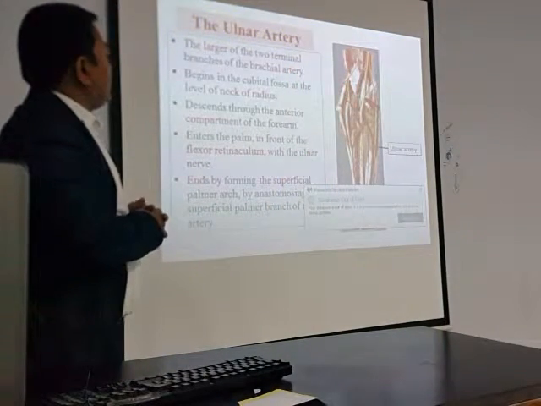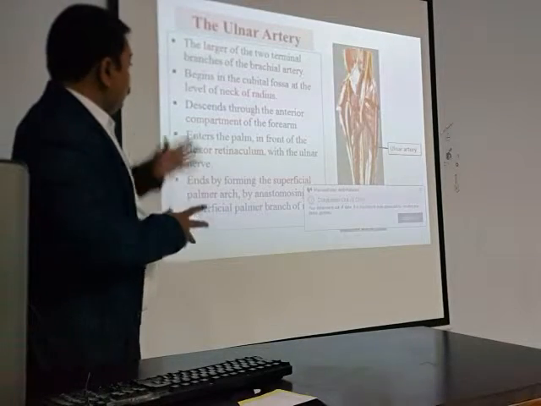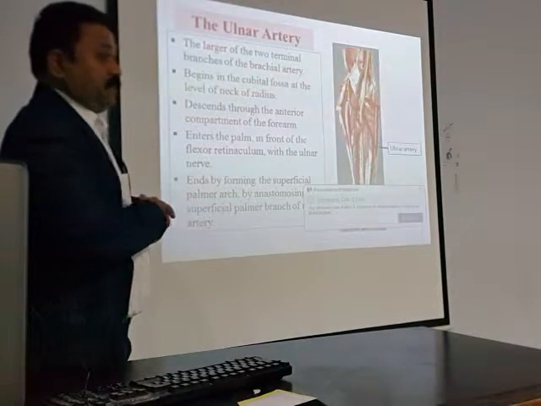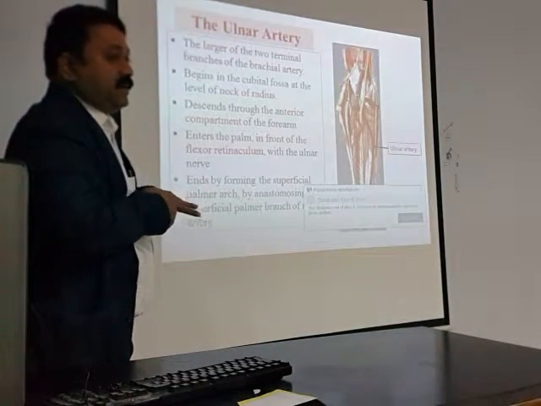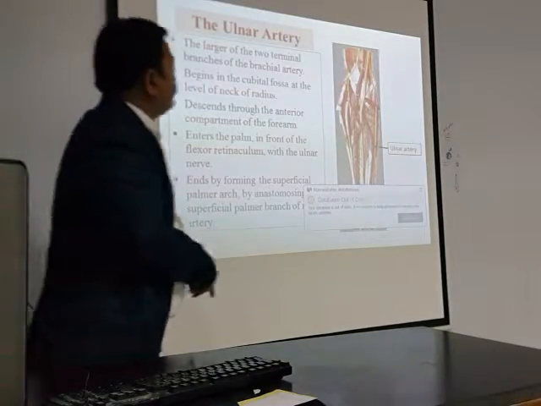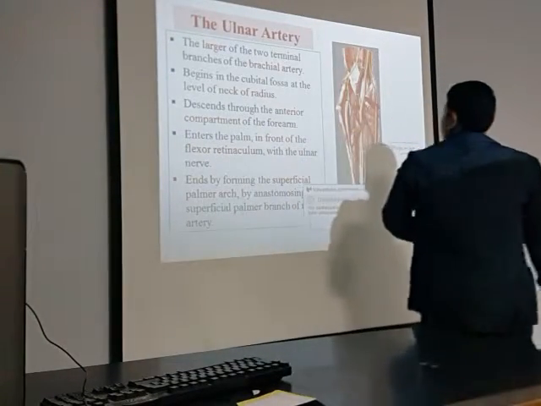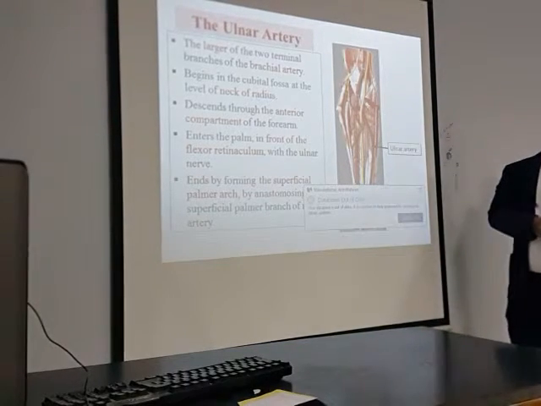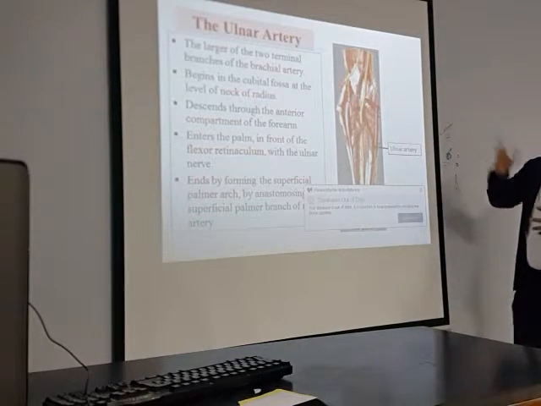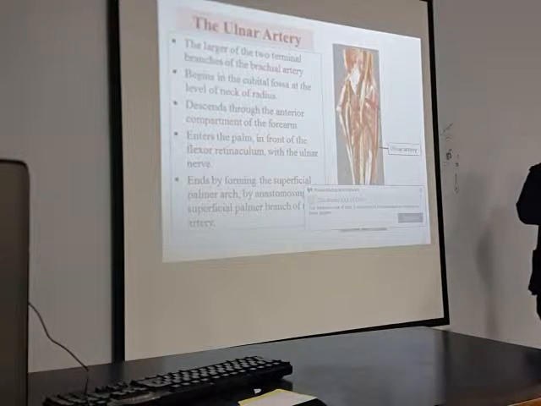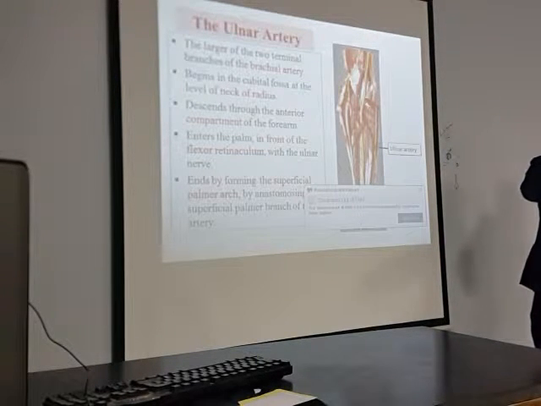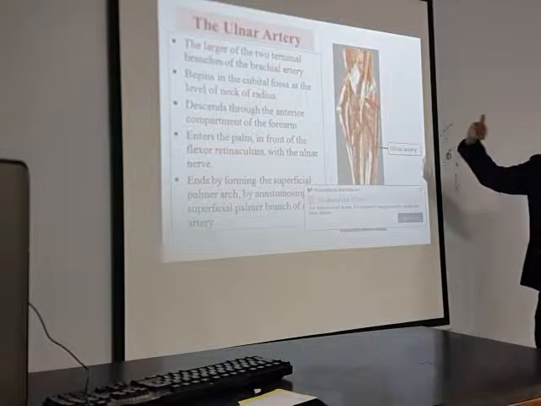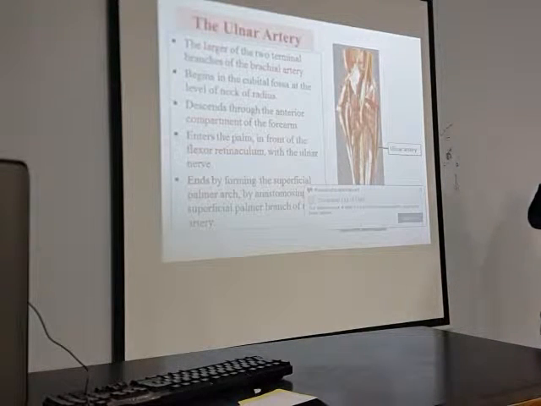Next is the ulnar artery. So the brachial artery divides into two parts, that is the radial artery and the ulnar artery. So this is the larger branch compared to the radial artery. Okay. Between the radial and ulnar, this is the larger one, isn't it?